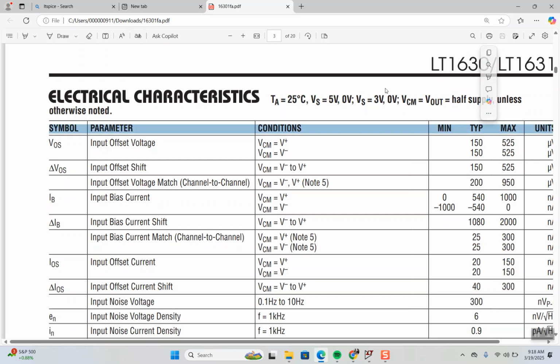Okay, so data sheets are written by more than one person in the company with more than one reason. One is to sell the product. So you want the highest gain bandwidth possible, right? One is by the engineer who doesn't want to have to explain when the part isn't working.